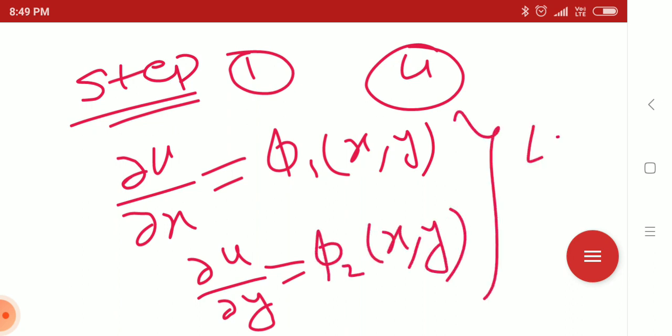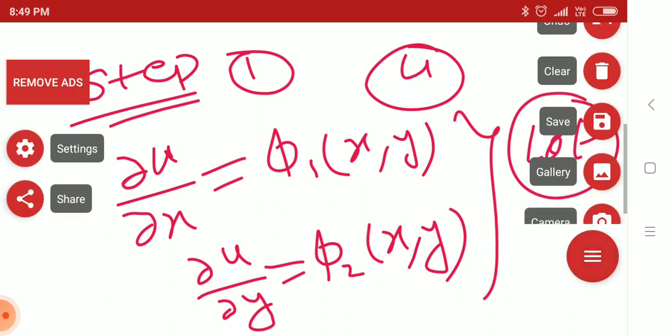Let us consider this: the first order derivative of u, the real part of the function given in the question, with respect to x equals phi 1 of x comma y, and the first order derivative of u with respect to y is phi 2 of x comma y.